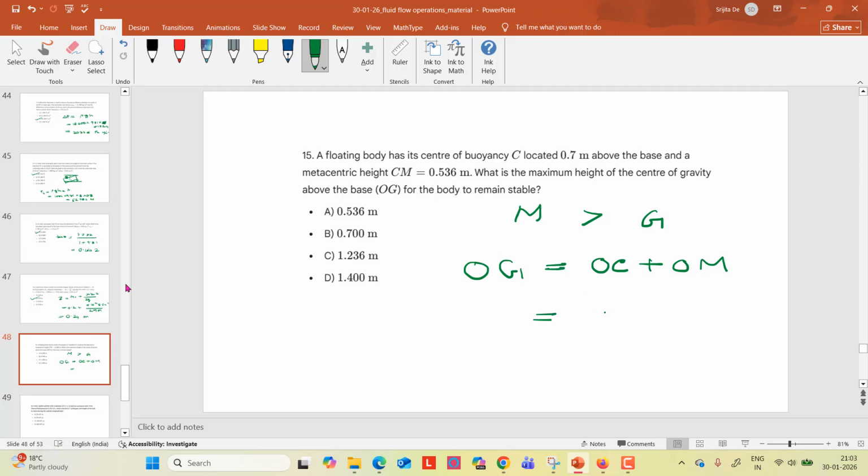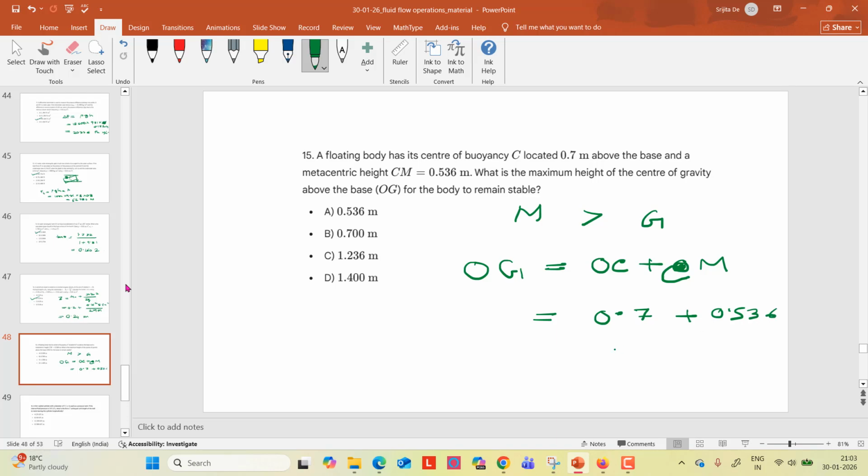OC's distance is given as 0.7 and CM is 0.536.